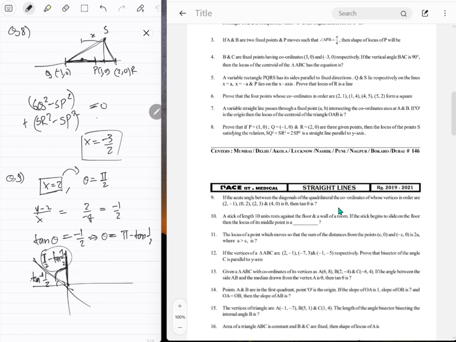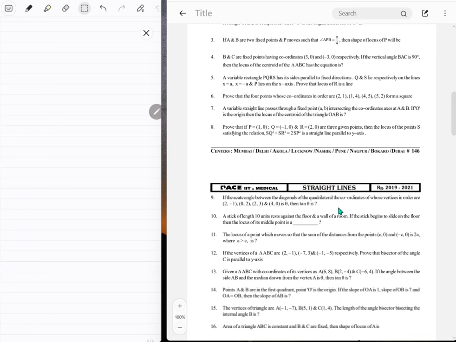So tan theta will just be cot of tan inverse of 1 upon 2. We can write it as 1 upon tan of tan inverse of 1 upon 2. Yes, I think that's correct, which will be 2. So our answer is just 2. Okay, next.